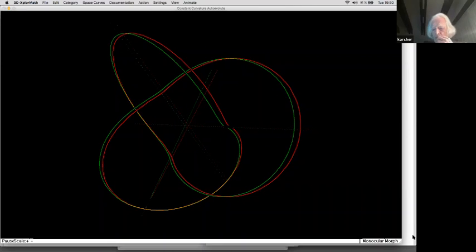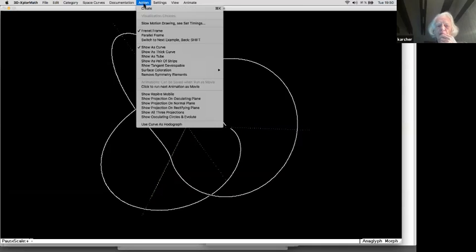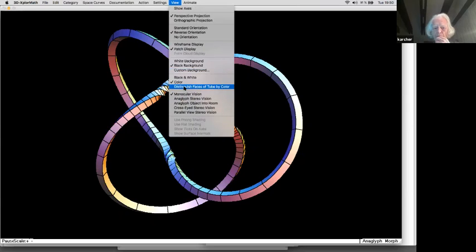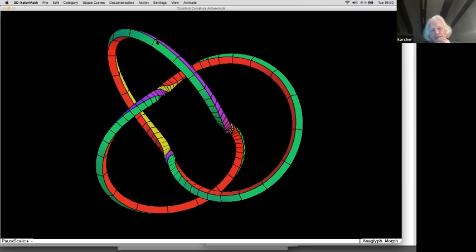And here, take off your glasses for a moment. I show you this as tube. And so you see clearly the torsion is very large here, and the torsion is small here.